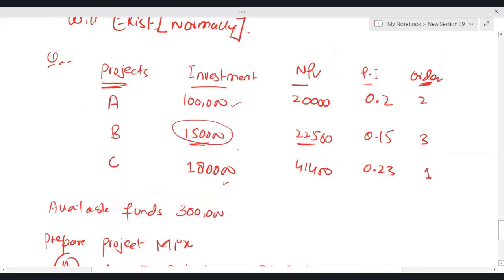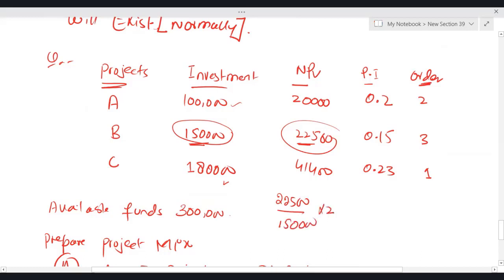If you invest 1,50,000 in project B, you will get an NPV of 22,500. Since we are accepting project B partially because we don't have more funds, the NPV will also be partial.